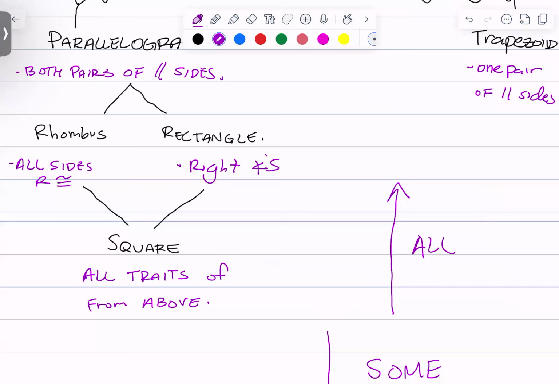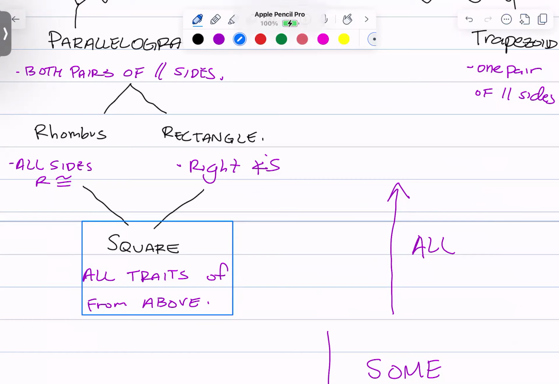So the most specific one that you can get, the most specialized one, is the square. And as you keep going down this list, they're more specialized. Cool? Questions?